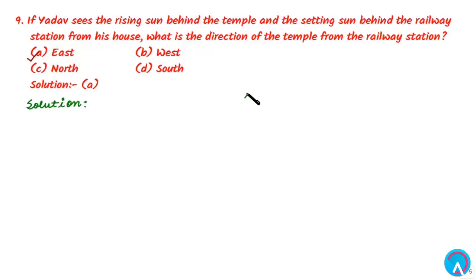For solving this question, let us draw a north, south, and east-west diagram. So this direction will be east and this will be west. For solving this question, we should remember that sun rises in the east and sets in the west.